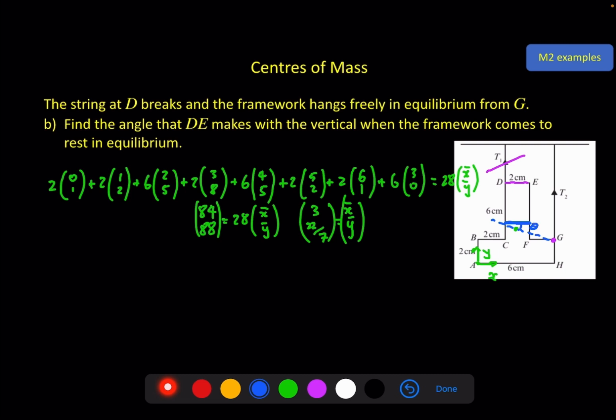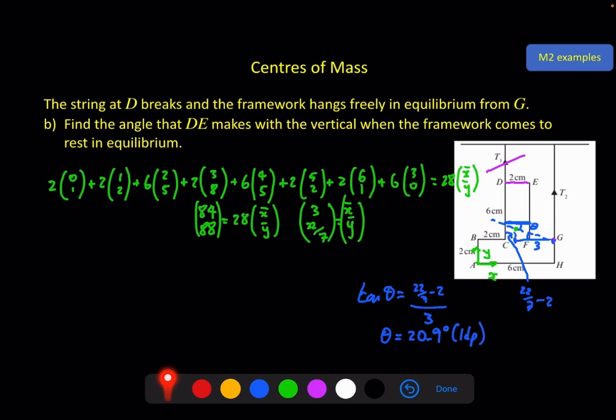And I think what I would do is to make this line here alternate angles, so this is also theta, and we know that this distance is 22/7 minus 2, and the distance from here to here is of course 3. So tan of theta is equal to 22 over 7 minus 2 divided by 3, which gives a fairly small angle of 20.9 degrees to 1 decimal place.